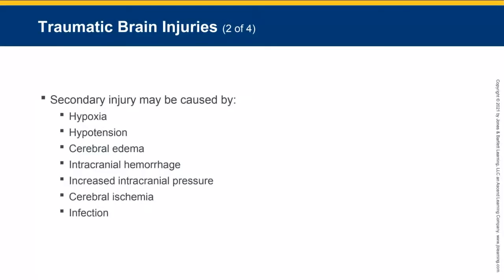Intracranial hemorrhage, increased intracranial pressure, which is very terrible for the body. Cerebral ischemia. The word ischemia means lack of oxygen. That's what ischemia means. So don't confuse ischemia with hypoxia. Hypoxia is low oxygen. Ischemia is lack of oxygen. Infection.